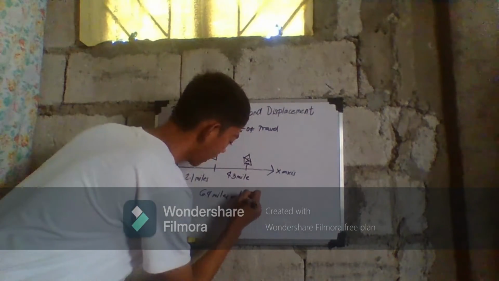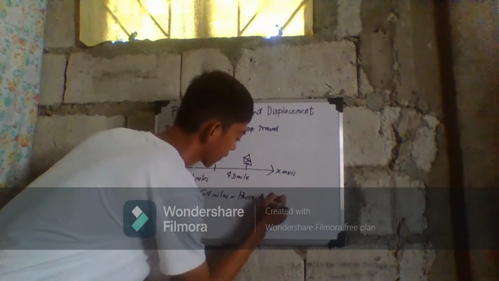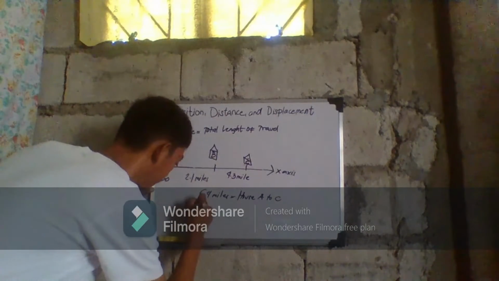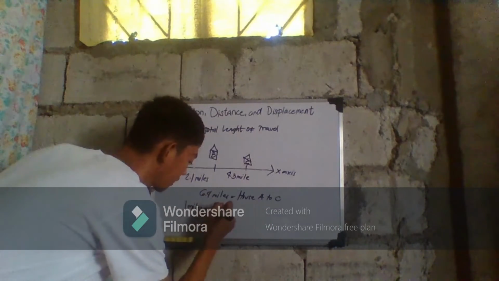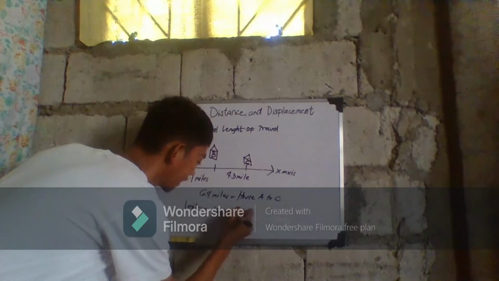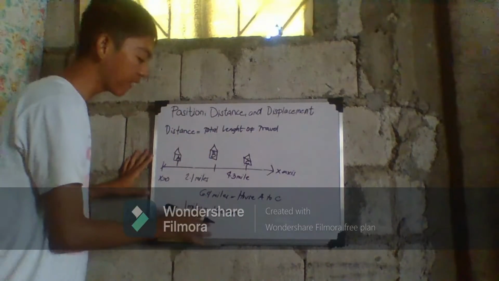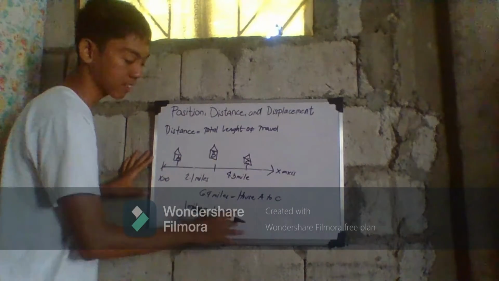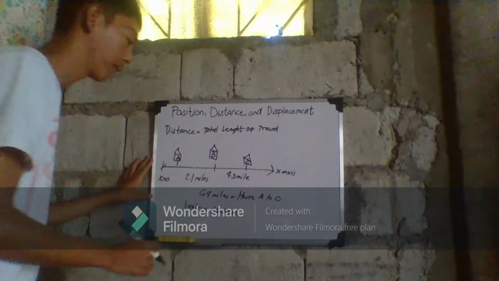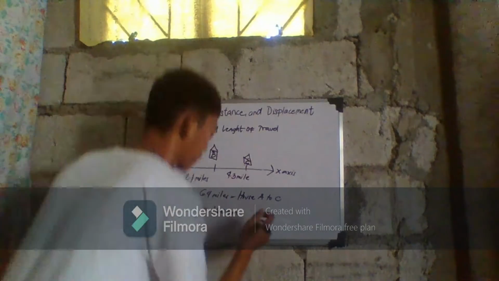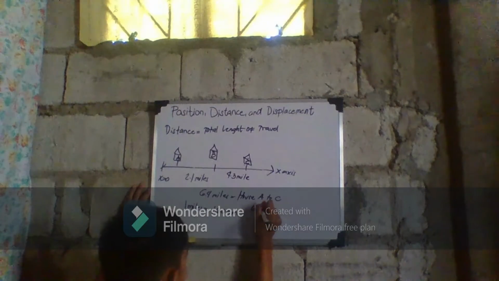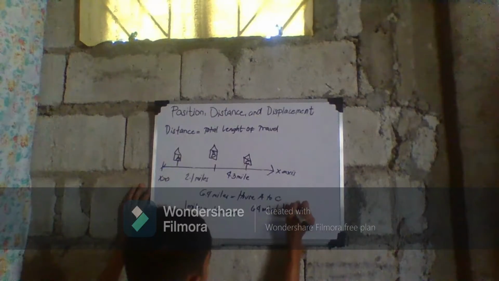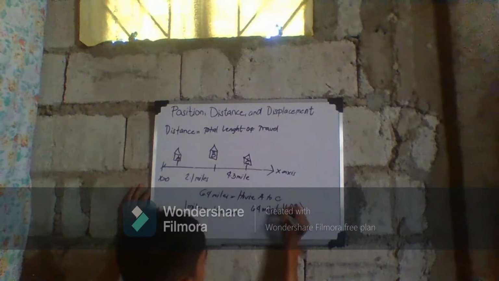That equals the distance from house A to C. Then, 1 mile is equal to 1,609 meters. So, 1 mile is equivalent to 1,609 meters. So, 6.4 miles, multiply by 1,609 meters over 1 mile.